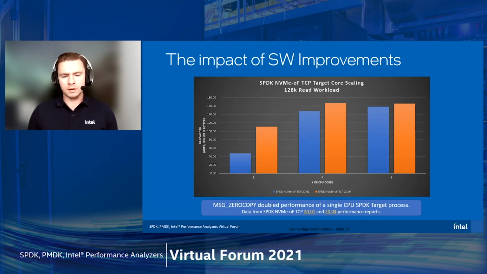And in the 20.04 release, we had a feature introduced called message zero copy, which, as you can see, allowed us on a single CPU core using sequential read workload to double our performance from about 50 to over 100 gigabits per second.